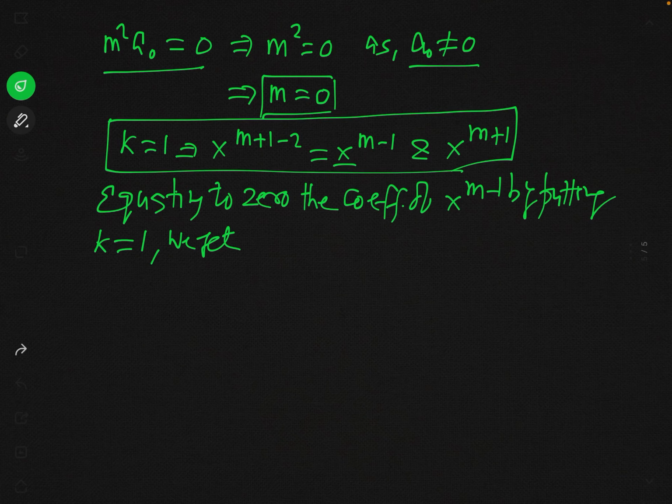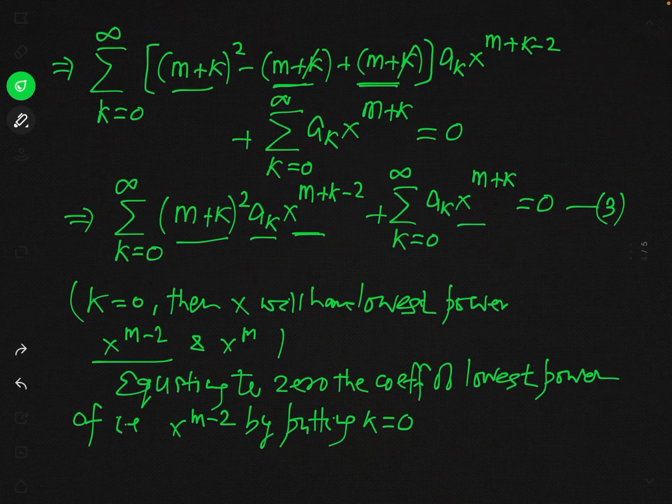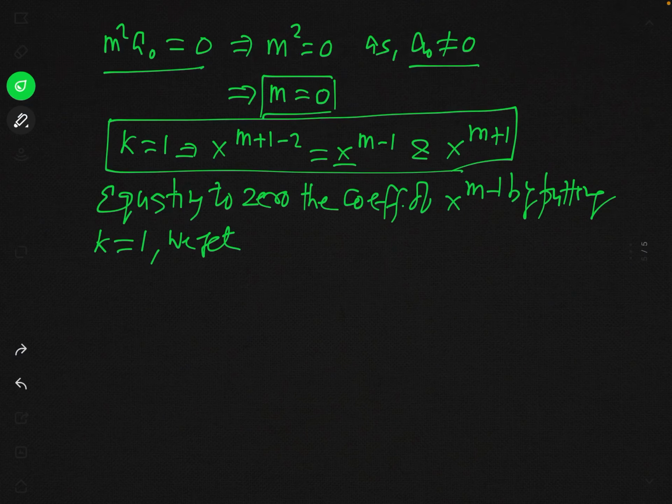We get, in the first term, when we put k equal to 1, m plus 1 whole square, and this ak will be a1. So the coefficient of x to the power m minus 1 is simply m plus 1 whole square times a1, and that will be equal to 0.